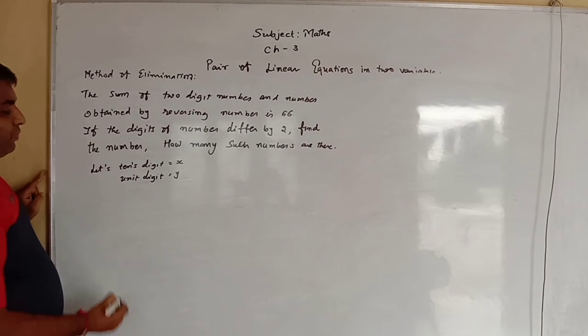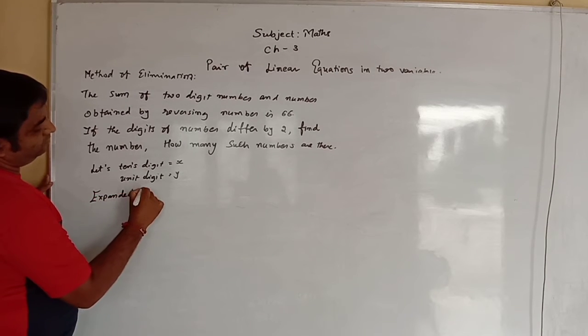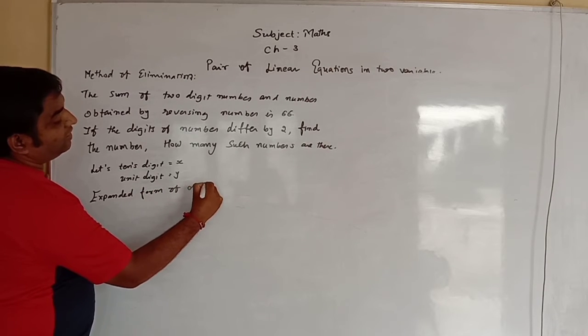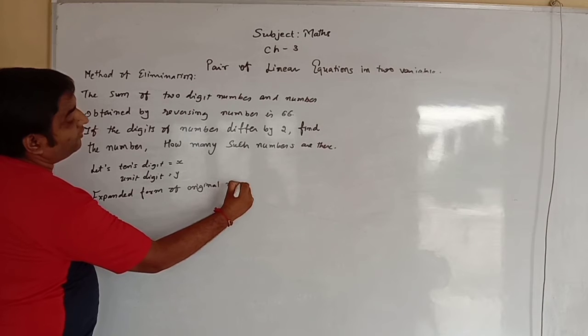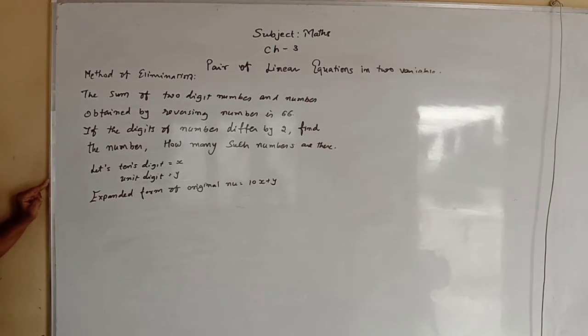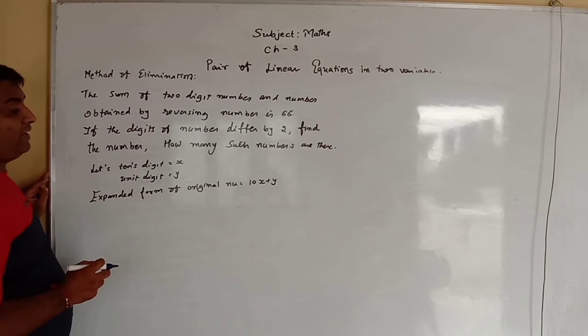So the expanded form of the original number we can write as 10 into x plus y, because we know that the expanded form of any number is 10 times the tens digit plus the unit digit.